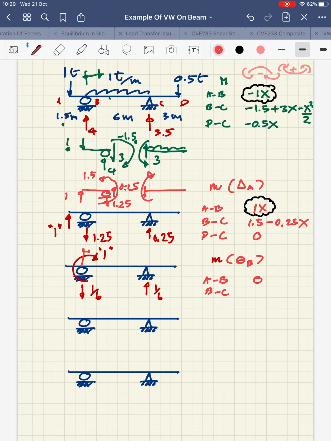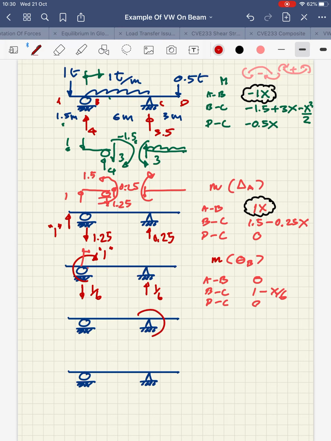And from B to C, again, beginning from B, don't forget to be consistent, so you need to begin everything from B. I now have the moment equation equals 1 minus x over 6. And from D to C, it's business as usual, which is 0.